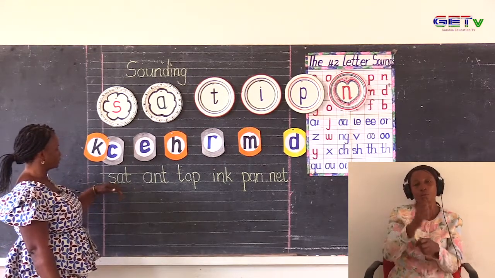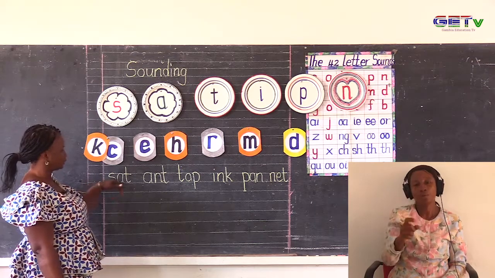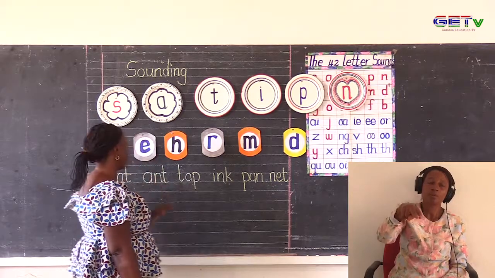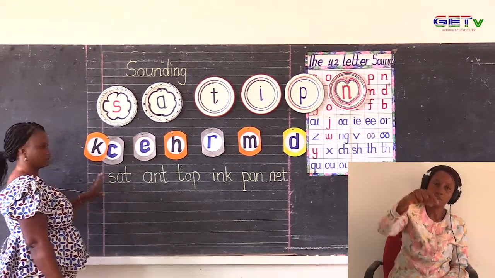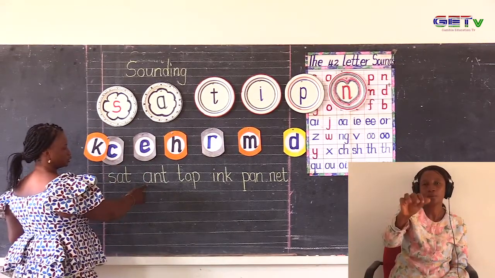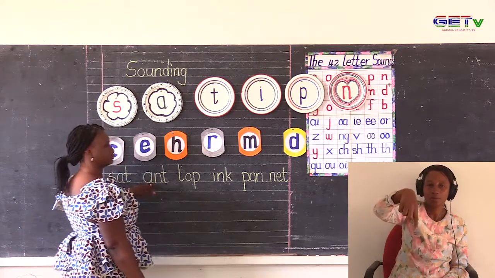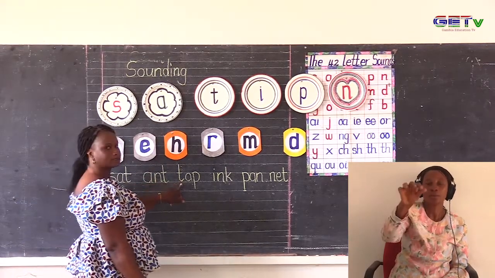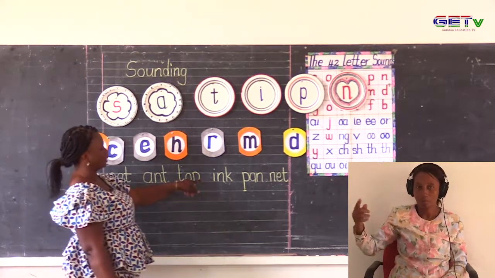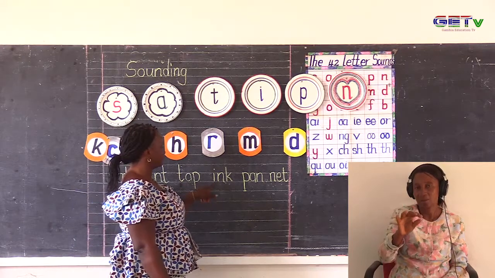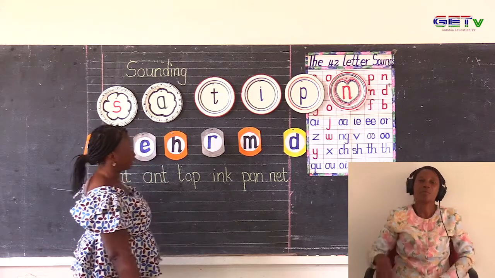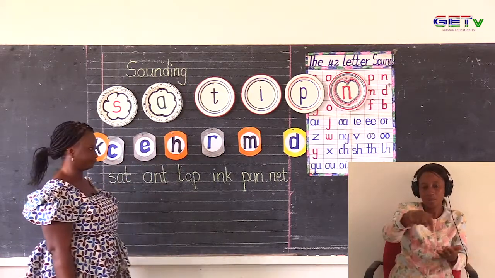And if you look at the words, their initial sounds are S, A, T, I, P, and N. If you look at sat, the initial sound is S. We are only interested in the sound, the first sound. You look at ant, the same thing. The first sound is A. You look at tap, the first sound is T. And when you look at ink, the first sound is I. Pan, the first sound is P. And net, the first sound is N.